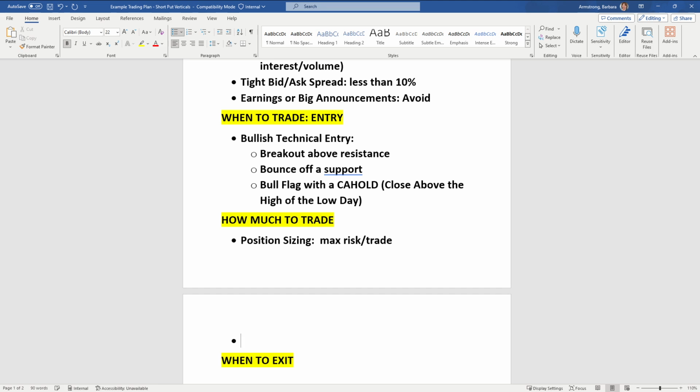For some people, as an example, it could be a finite number. So it could be $1,000. It could be $200. In our trading a smaller account, we had $500 as our max risk per trade. Or it could be a percentage of the account.